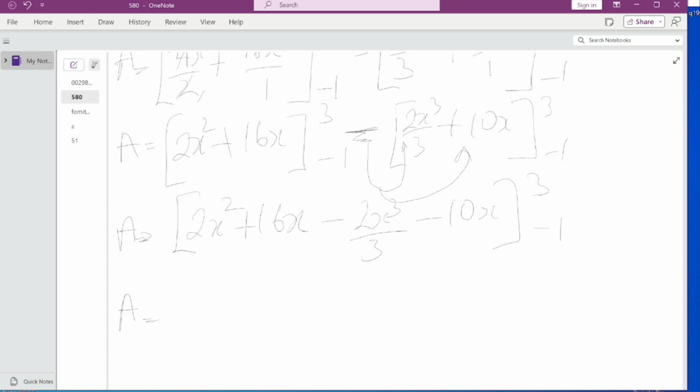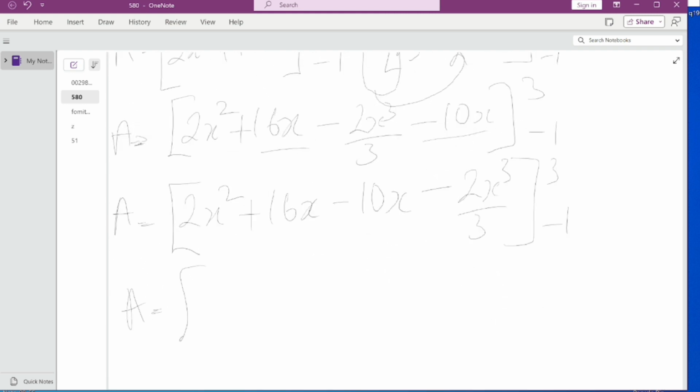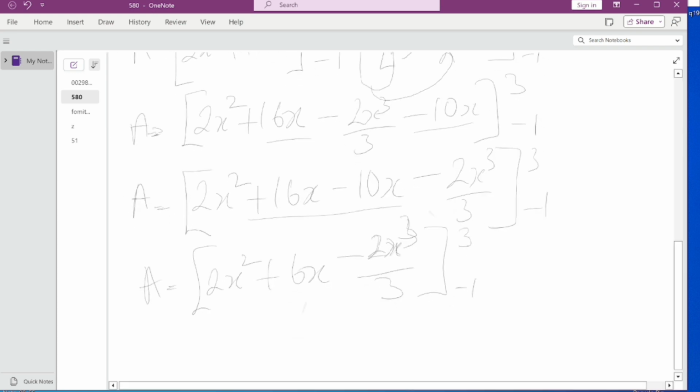We have A equals, we collect like terms, 2x squared plus 16x minus 10x minus 2x cubed over 3, still sharing the same limits. We have A equals 2x squared plus 16 minus 10 is plus 6x minus 2x cubed over 3. We'll close our brackets.